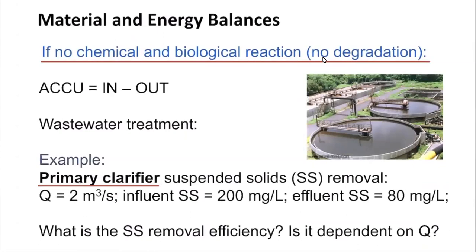Whenever you look at pictures of a wastewater treatment plant, you'll see these round shapes. Actually, these round shapes are cylinders. You can see from the side that it has vertical walls. Within this cylindrical shape, we have the wastewater coming in and going out.